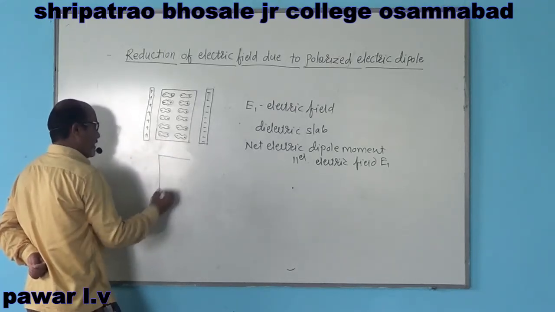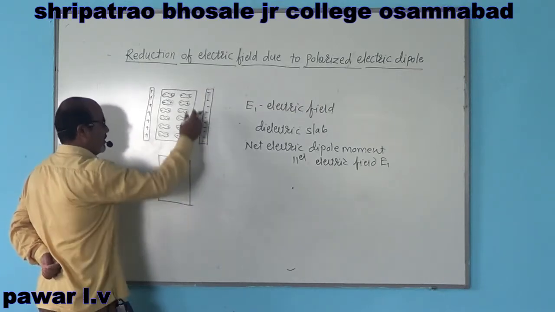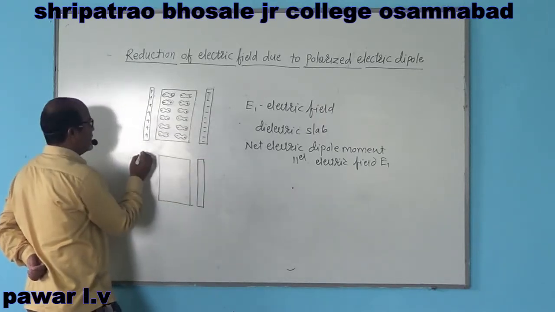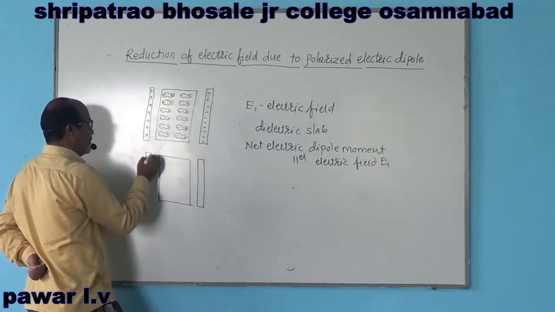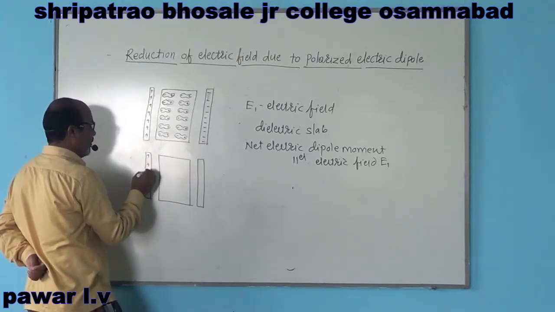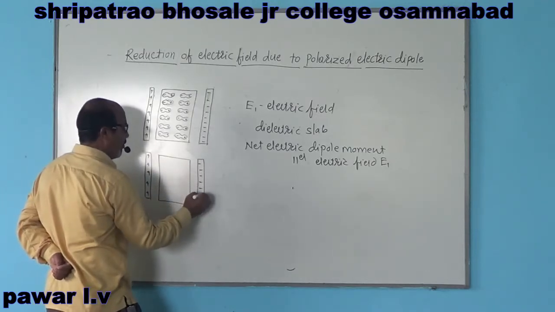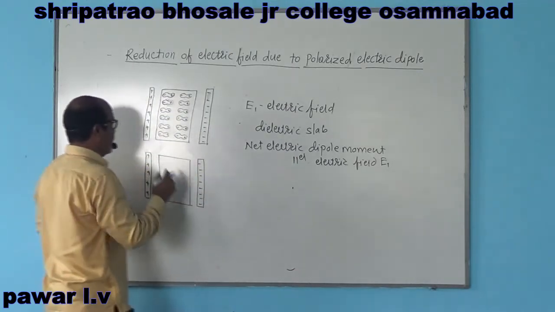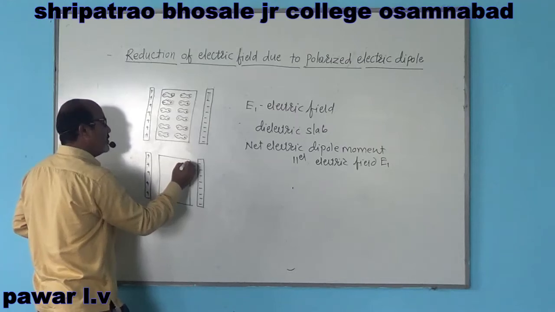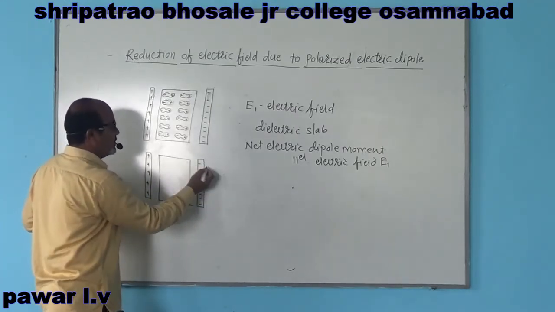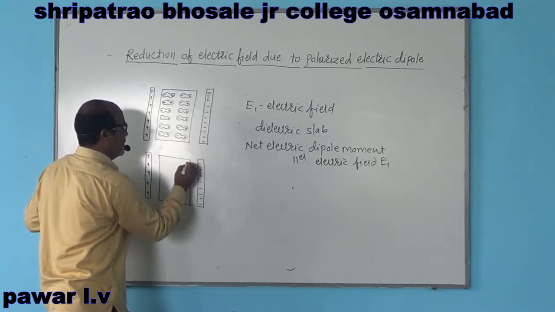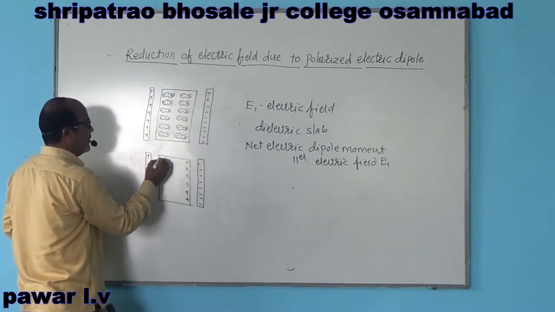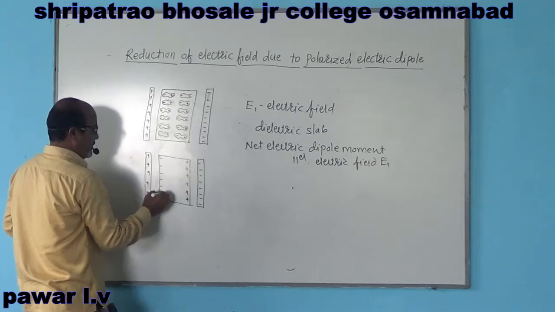If this is dielectric, this negatively charged metal plate, this is positively charged metal plate, and due to effect of this polarization of dipole, positive charge will be induced on the surface towards negative plate, that is on the right side, and negative charge induced on surface of dielectric towards left side.